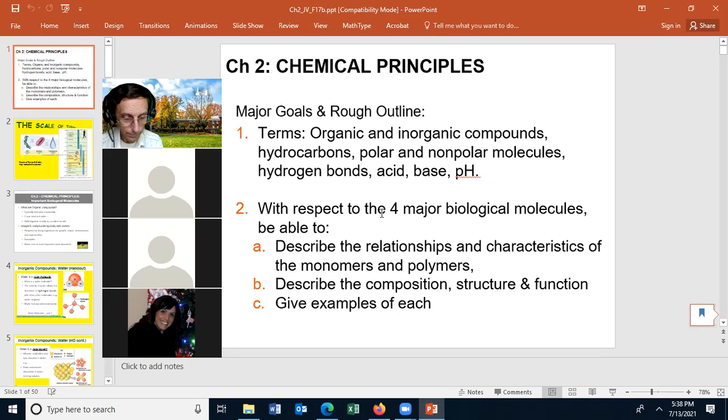And for carbohydrates, proteins, and nucleic acids, all of the polymers, the big molecules, are made up of monomers. For the lipids, some of the lipids, meaning a polymer of a lipid, is made up of monomers. But not all of the lipids are made up of monomers. Is that clear? All right, there's no questions. Let's move on. Be able to describe the composition, structure, and function of the 4 major biological molecules, and then be able to give an example of each. Any question about all of that?